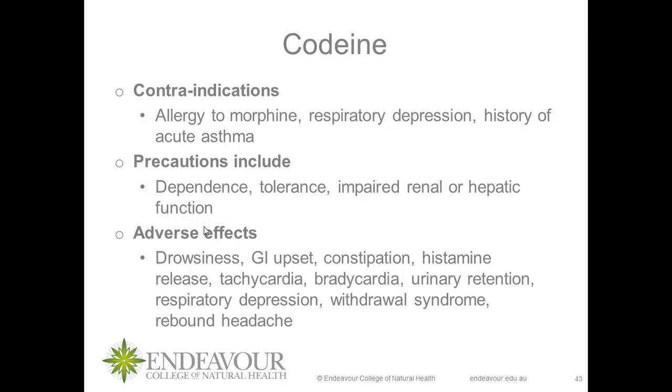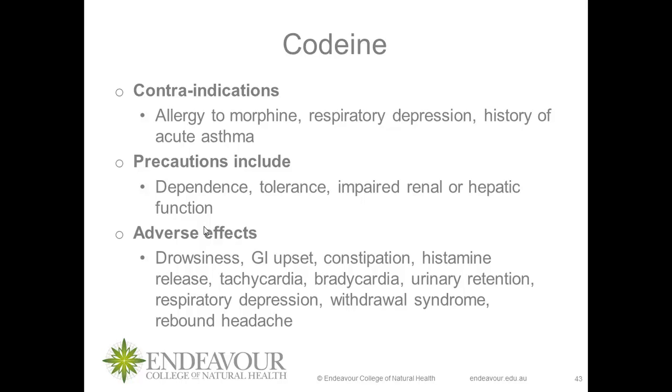So we have drowsiness, a CNS effect, gastrointestinal upset, but also constipation, that histamine release reaction, effects on the heart, which tend to once again be either central or they might actually be peripheral, but tachycardia or bradycardia, either could be caused.